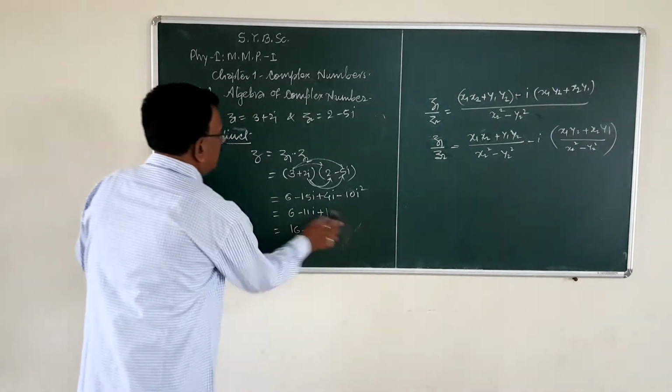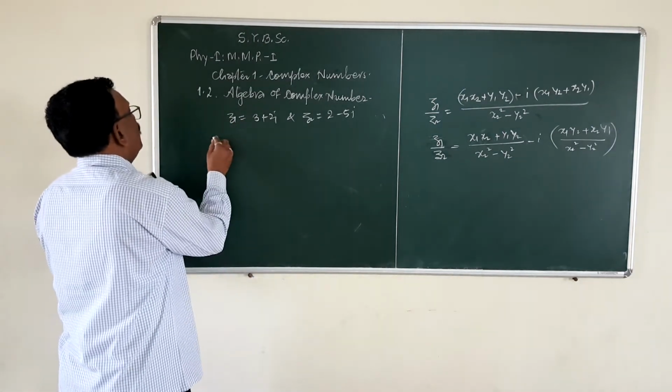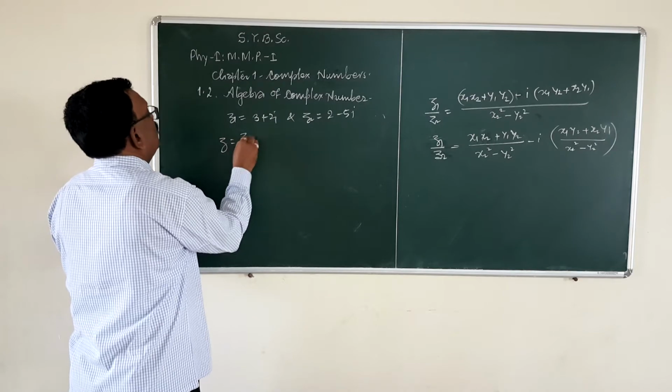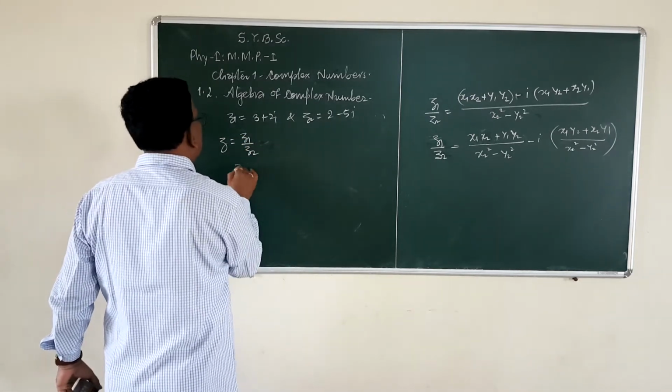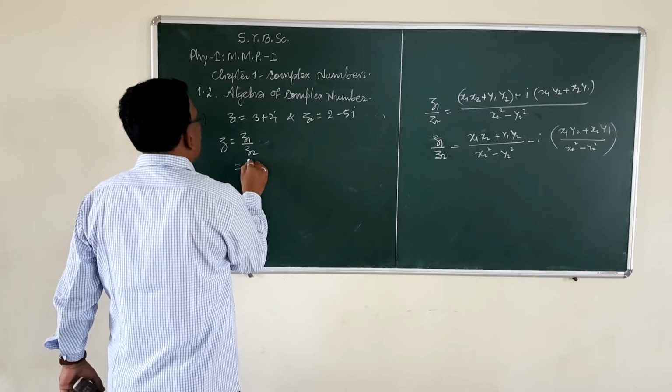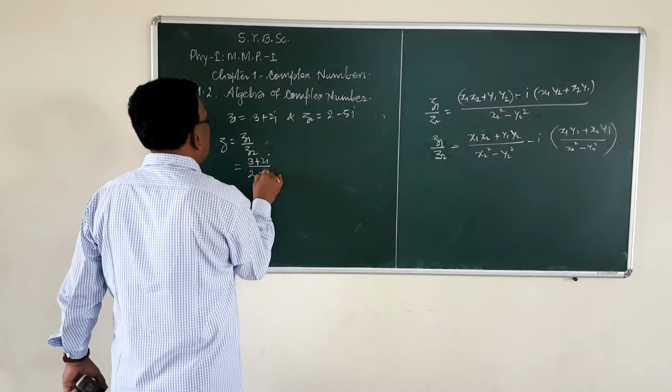And the last operation, quotient or division. According to this, we have to take z is equal to z1 upon z2. Substitute the value of z1 and z2. We have 3 plus 2i upon 2 minus 5i.